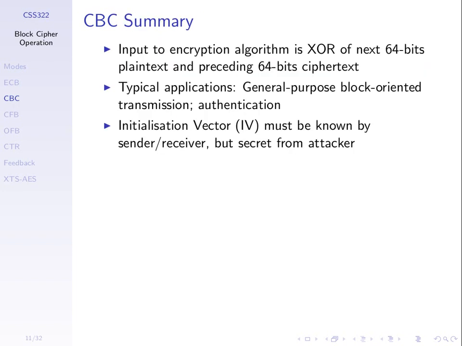The initialization vector is usually kept secret from the attacker. So it's actually a new secret value. And when I did the encryption on the command line, you remember I generated two random values, the key and IV.